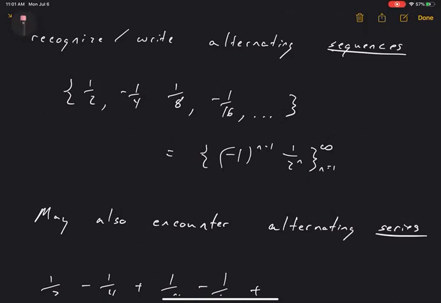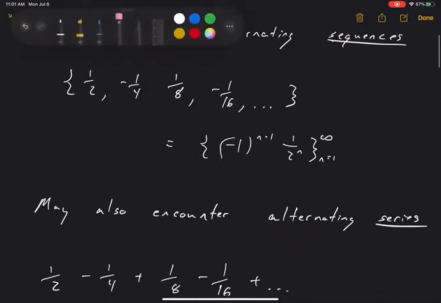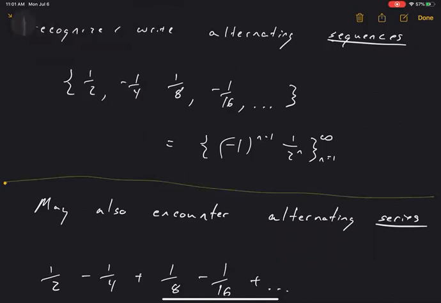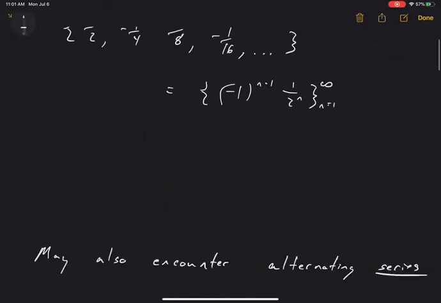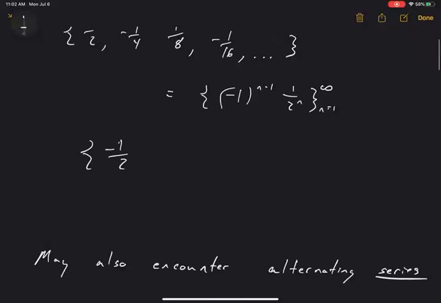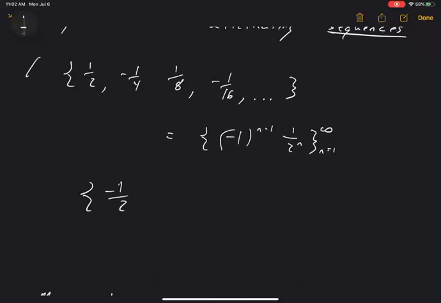We have alternating sequences that start with a positive term and with a negative term, and we saw the difference on those. So if I have my sequence starting with positive 1/2, maybe I would write it like this, with -1 to the power n-1, with my index starting at 1.